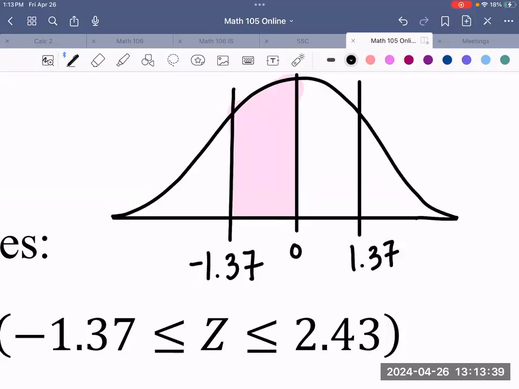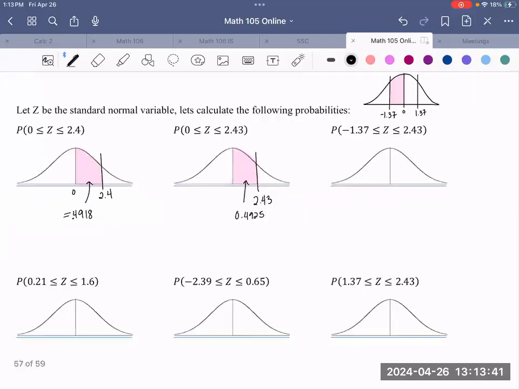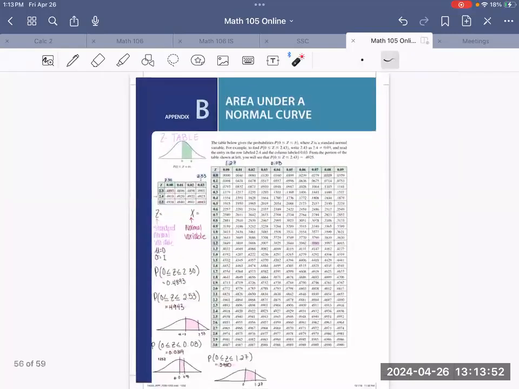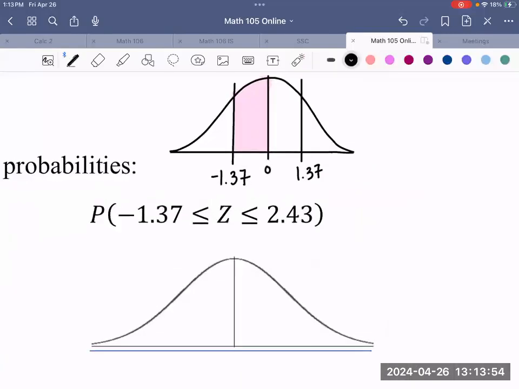So if I look for 1.37 on my positive side, 1.3 and all the way to 7, 0.1447, or sorry, 4147. So if this is 0.4147, we can assume that even on the negative side, this is going to be 0.4147 also.